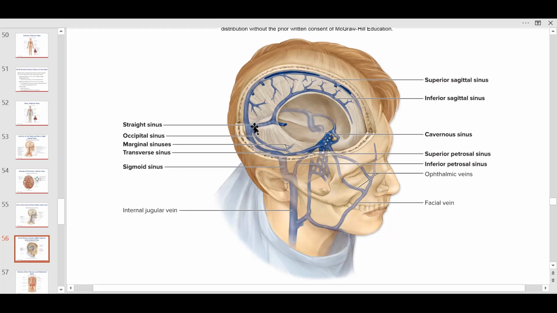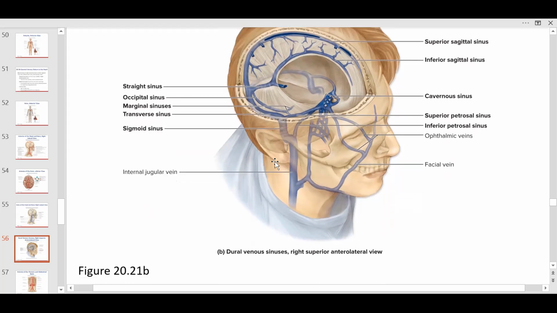And occipital makes sense. And straight sinus is right in between. Transverse is lateral. Sigmoid sinus is pretty much on top of that, draining that. That's a pretty big sinus coming out of the brain to the internal jugular. So I would know the superior sagittal sinus and the sigmoid sinus.